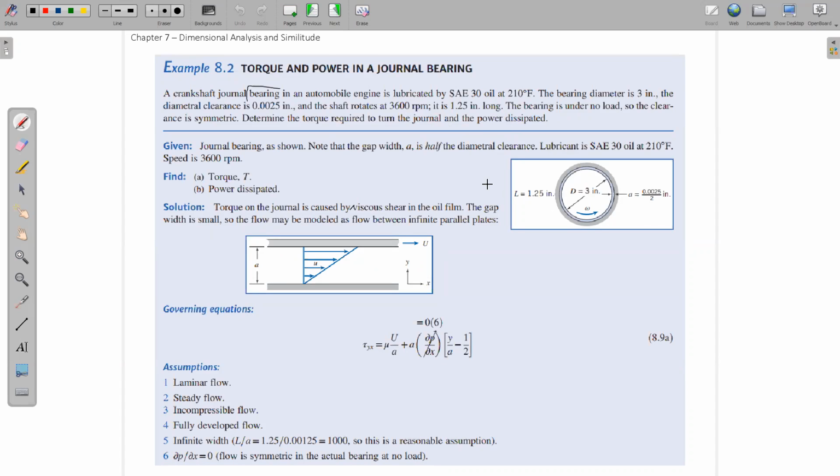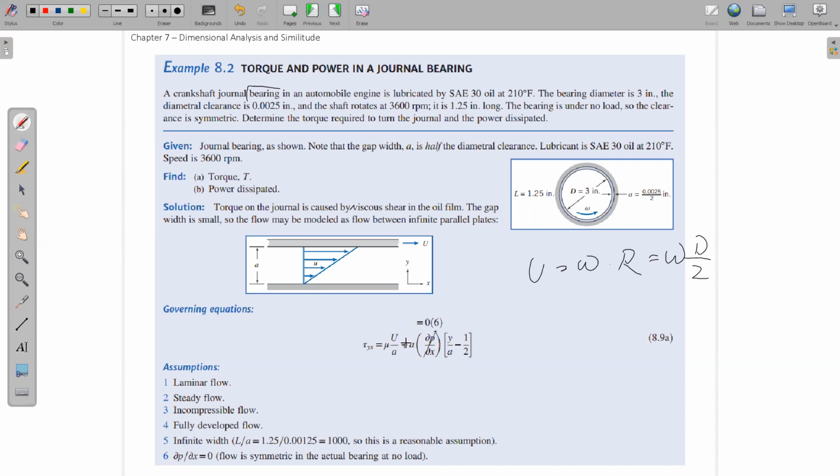So this problem is also very straightforward. This is the case 2 condition, where one plate is moving, and the velocity big U will be just equal to omega times R, and R will be d over 2, so big U is omega d over 2.